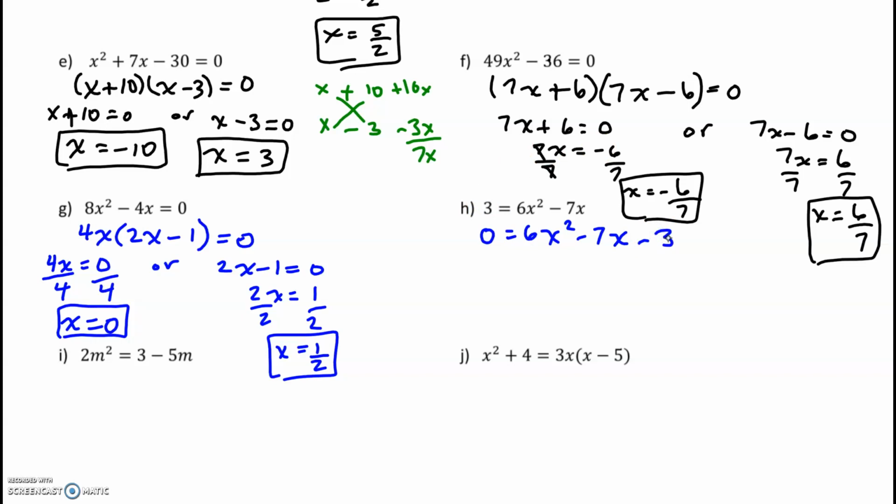This looks like I'm going to have to work with chart method. So the factors of 6x squared, I'm going to put it in green right here. So 6x squared would be 2x times 3x. And to get 3 would be 3 and 1. So let's see if I have here the 3 here and 1 here.